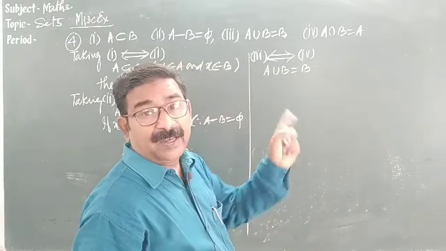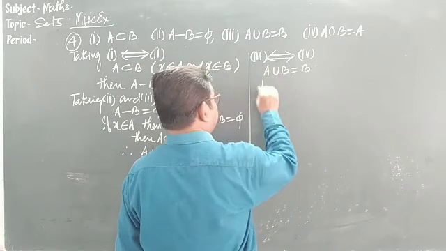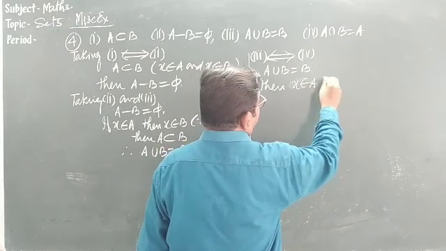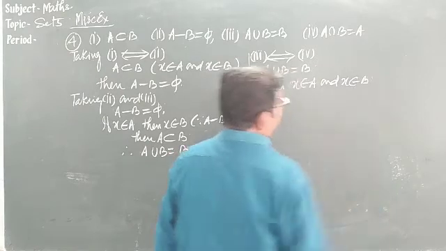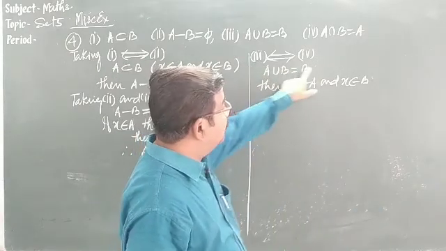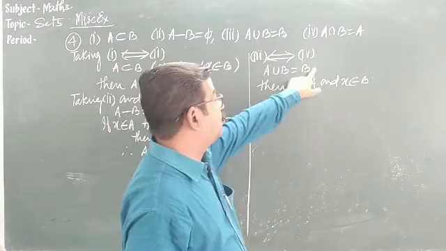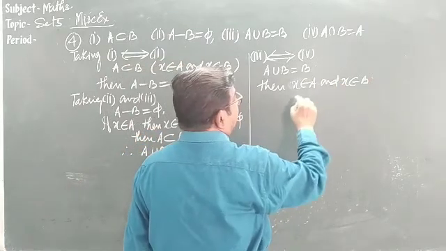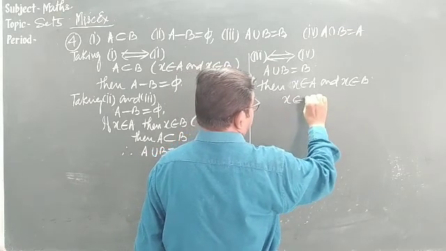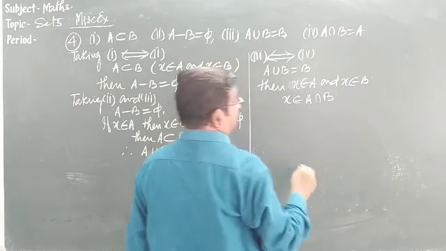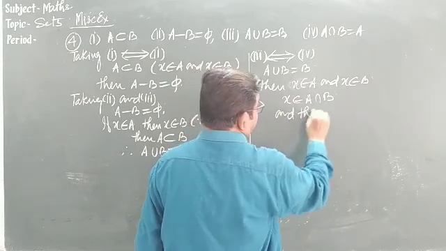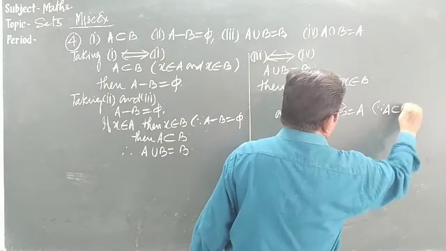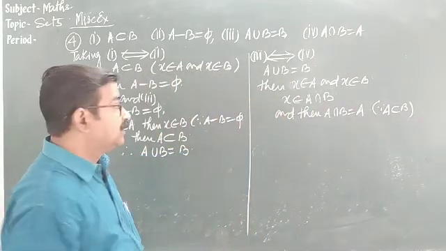It means elements of A are found in B. So if x belongs to A, then x belongs to B, because A union B is equal to B. So we can say that x belongs to A intersection B, and then A intersection B is equal to A, since A is subset of B. This is third and fourth part.